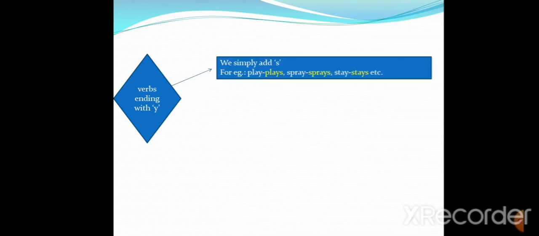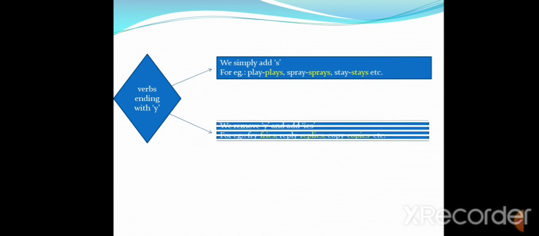Verbs ending with Y. Now here also there are some verbs to which we simply add S. So we get plays, sprays and stays, and there are many other verbs like that. We have added simply S, and in some verbs we have added IES.